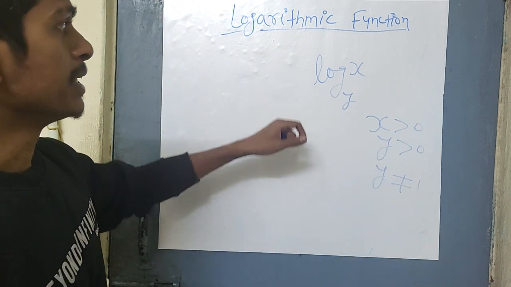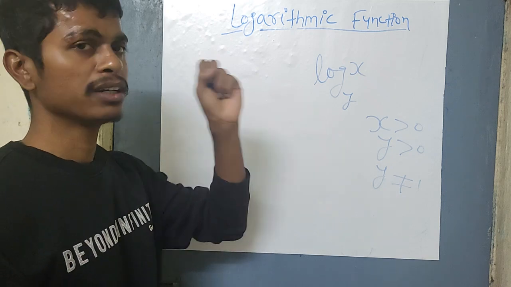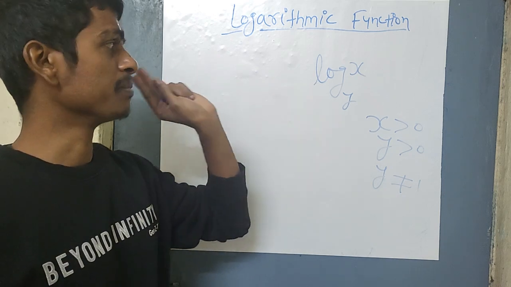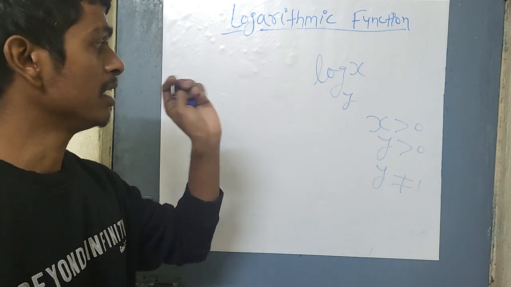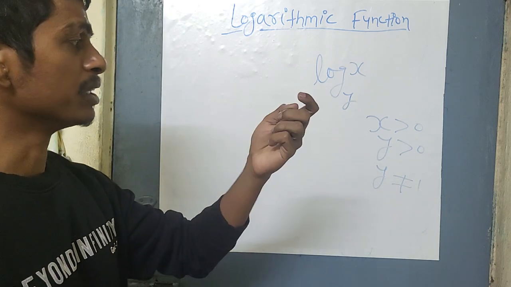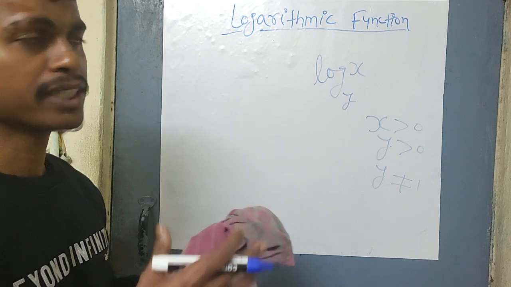If in place of x you have a negative number, this log is not defined. Similarly, if y is negative, this log is not defined. And if y is equal to 1, then also this log is not defined.